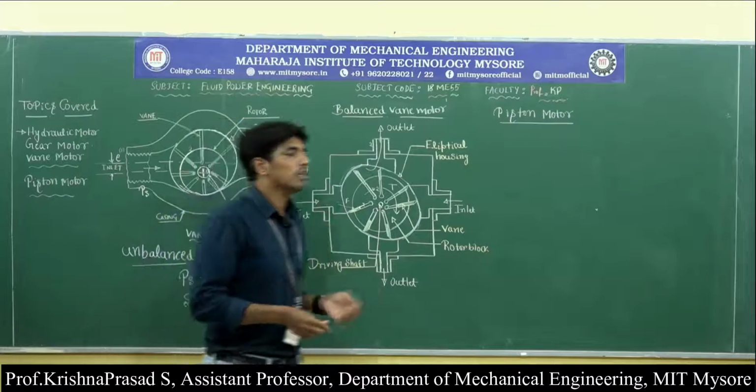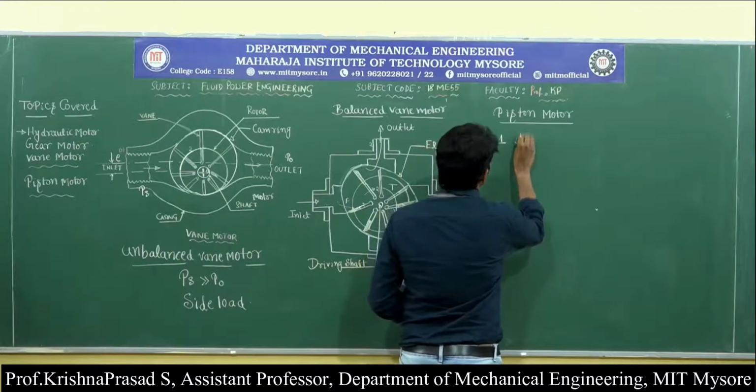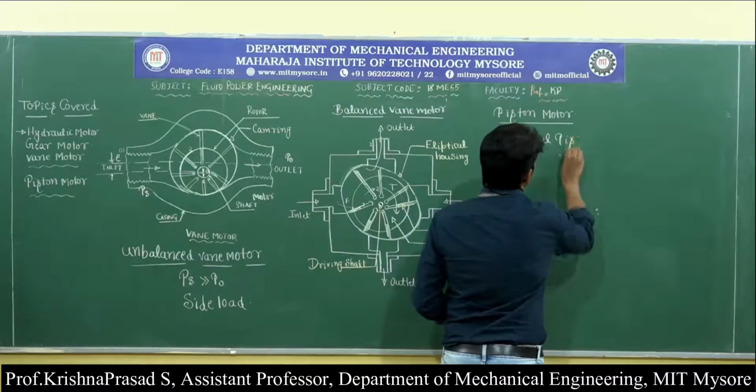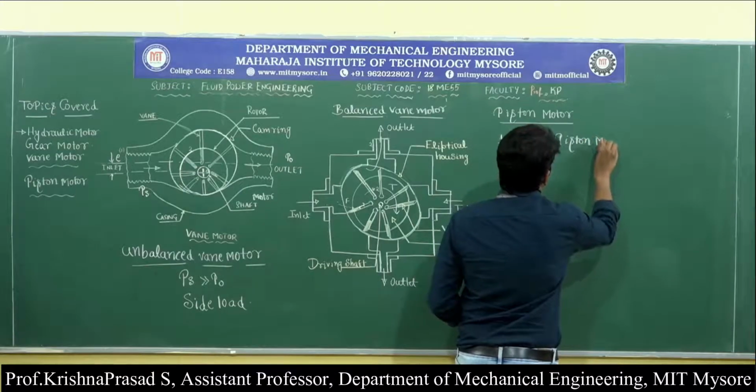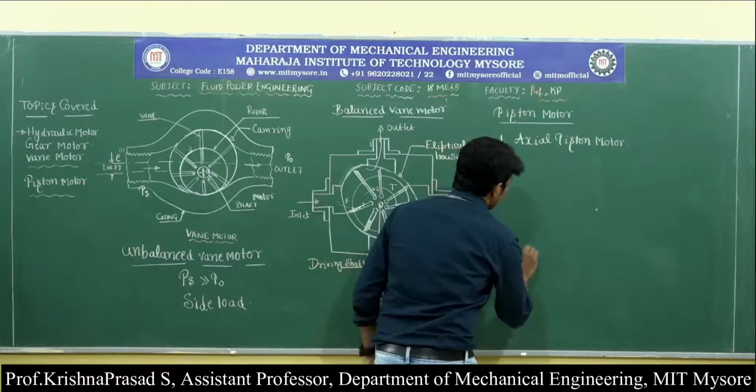So then what is the classification of the piston motor? Piston motors are basically classified into two types. The one is called the axial piston motor. Another one is called the radial piston motor.